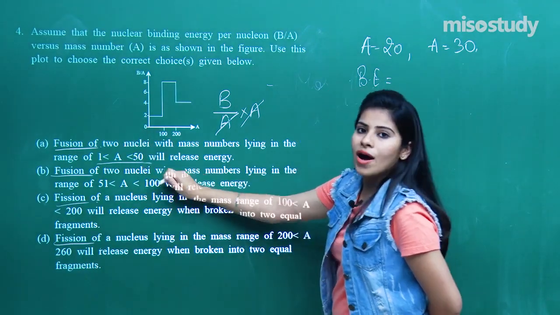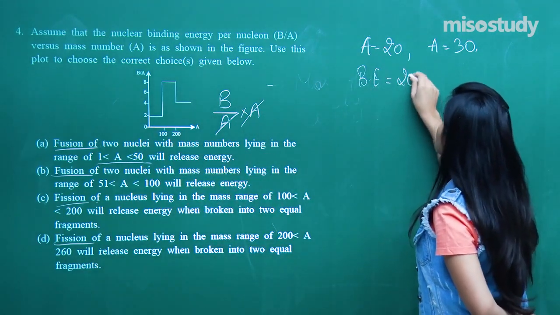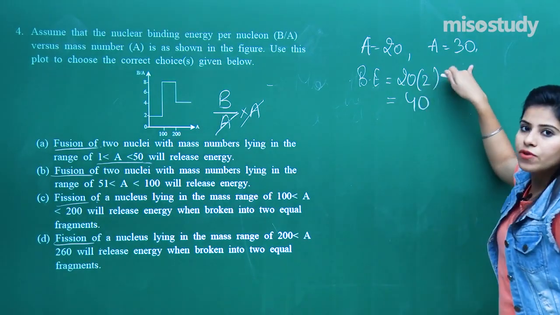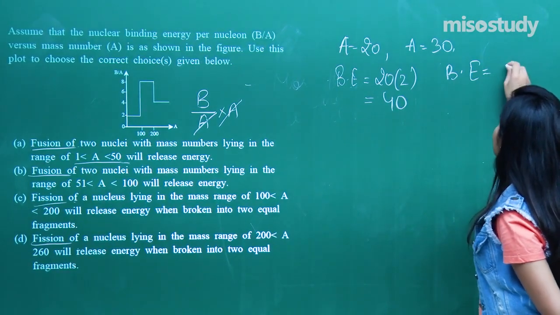So you have to multiply this 20 by 2 to find the binding energy. That means here it is 40. For the case of 30, the binding energy will be 30 into 2, that is 60.